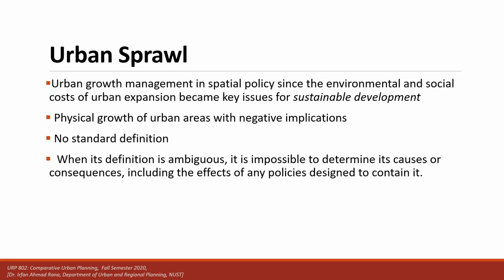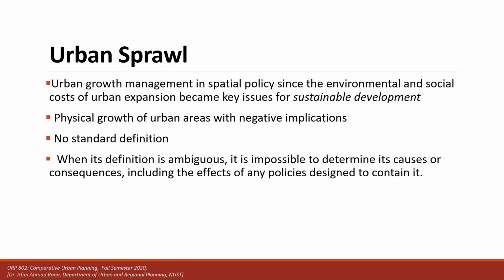However, due to the ambiguity, or you can say the multidimensional aspect, of this phenomenon, it is sometimes impossible to determine what the causes or the consequences of urban sprawl are, and that will have an impact on the policy, why and how those policies are designed to tackle which sort of problems.